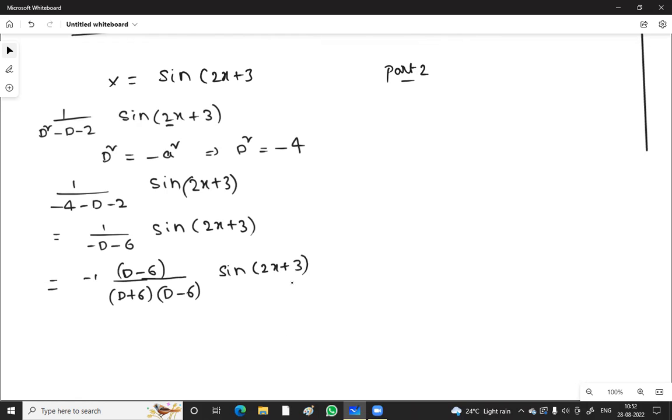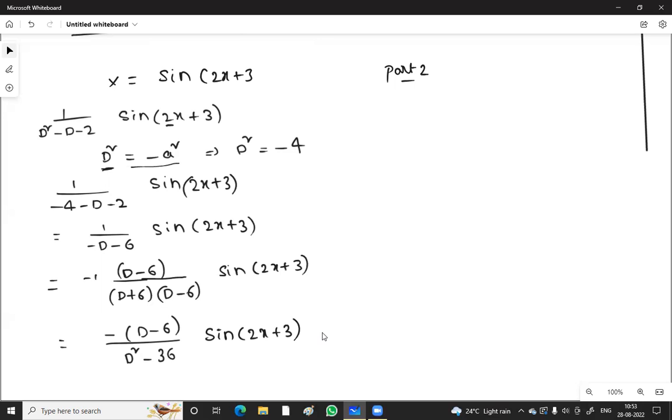You may think why we need to bring this d minus 6 term extra, because in the denominator you should have d square terms, then only you can put in the place of d square minus a square. Here only d term is there, so for that reason I am taking d minus 6 on both sides. So minus d minus 6 over a plus b into a minus b, a square minus b square, you have to operate on sine 2x plus 3.